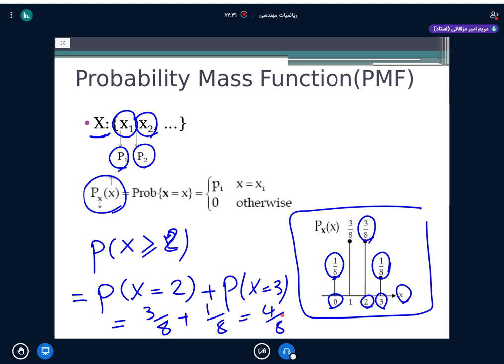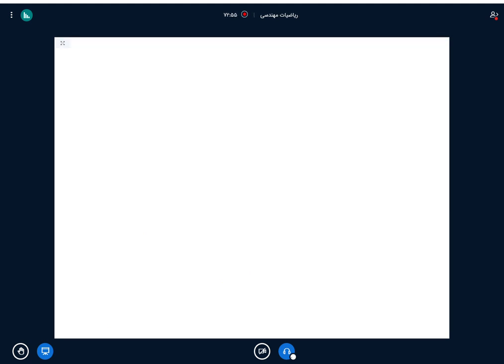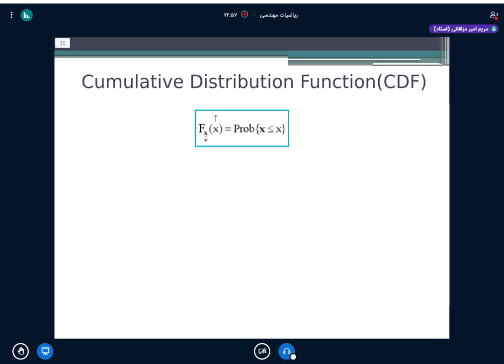If we have the PMF of a random variable, we fully understand that random variable. But again, pay attention that we can define a PMF only for discrete random variables. Okay? Any question? Let's go ahead.